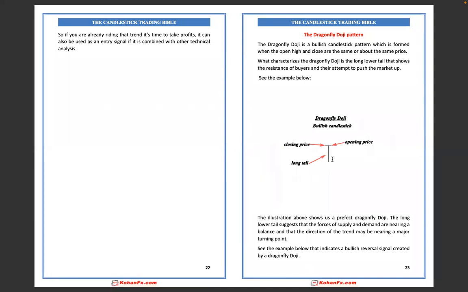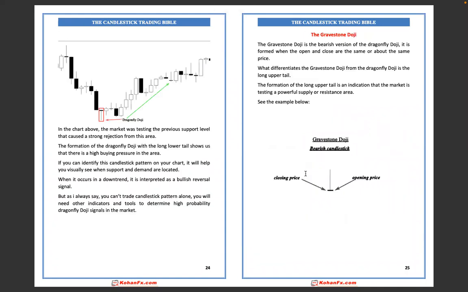As a matter of fact, I think we've spoken about this. If you see something like this, price was pushed down toward this low, and then it was forced to move up, and then it closed around this level. So it tells us that some people are getting into the market.